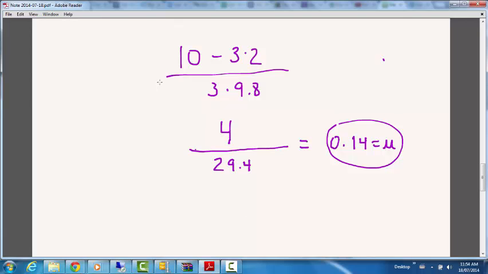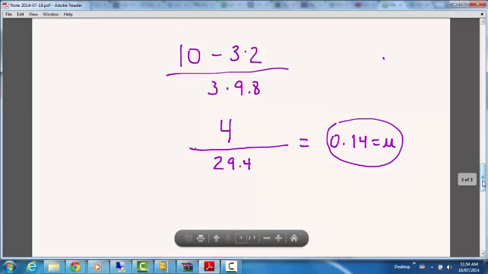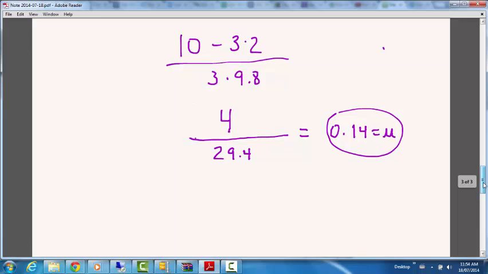So the top becomes 10 minus 6, which is 4. Divided by 3 times 9.8, which is approximately 30.